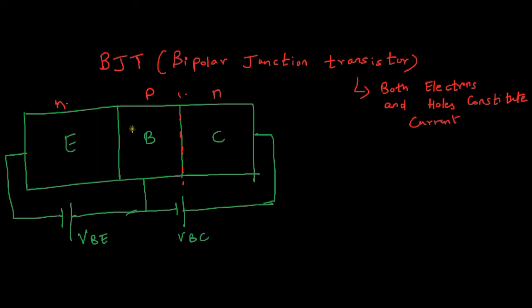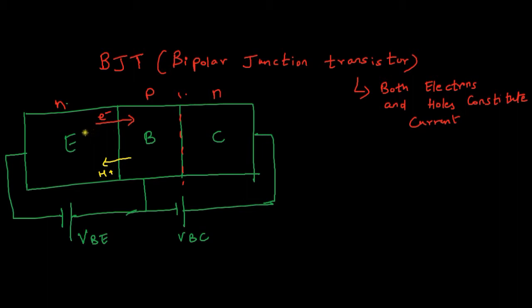The first one is electrons injected from emitter to base, and also holes injected from base to emitter. I'll denote holes by H plus. So these are the two types of current.